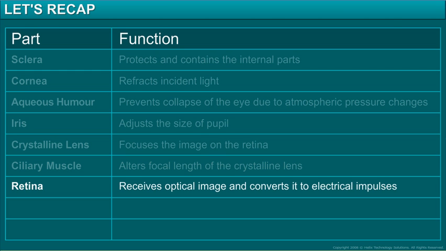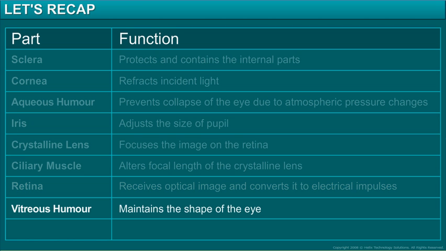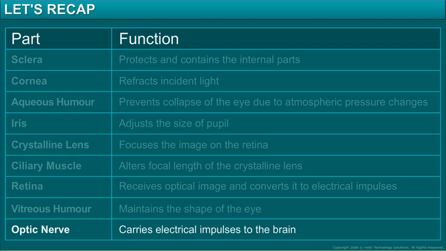Retina, receives optical image and converts it to electrical impulses. Vitreous humor, maintains the shape of the eye. Optic nerve carries electrical impulses to the brain.